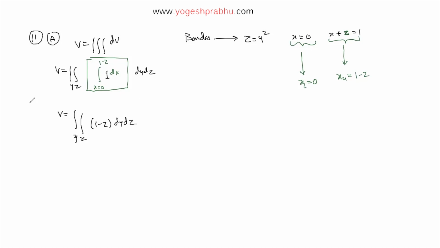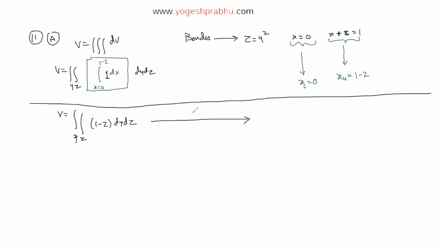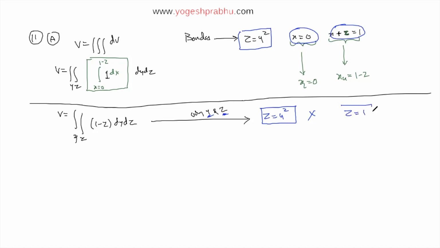Yes. Now at this level, do you see it's only Y and Z? Because X is already integrated, it's gone. It is evaluated already, so now you can reduce your bounds also. This will come as it is, because you only want Y and Z. This you will not take, because it is of X. This you will take as Z equals 1.